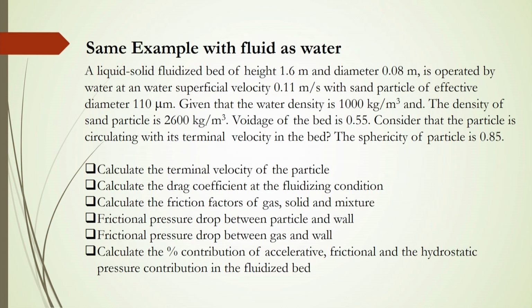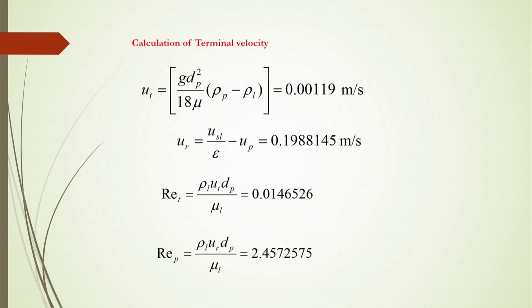Now, the same example with the fluid as water. Let us consider water instead of gas. The height of the bed is the same, the diameter of the bed is 0.08, and only the water density will change, and the others remain the same. So, what should be the different components of this calculation? Terminal velocity will come here, and relative velocity, Reynolds number based on terminal velocity, Reynolds number based on particle diameter, it is coming like this.